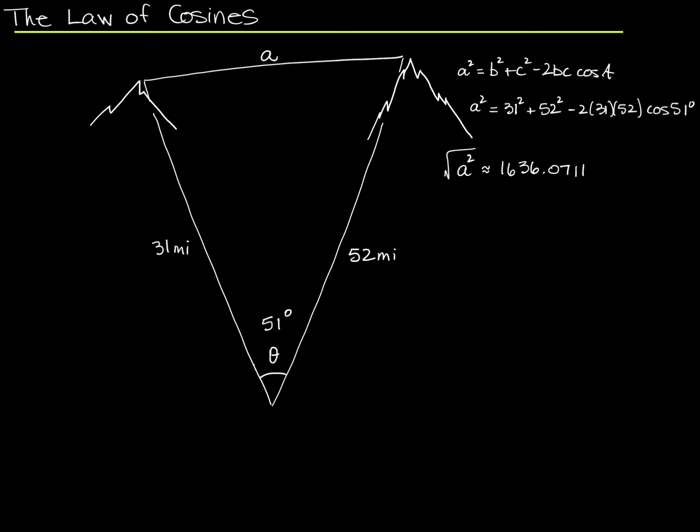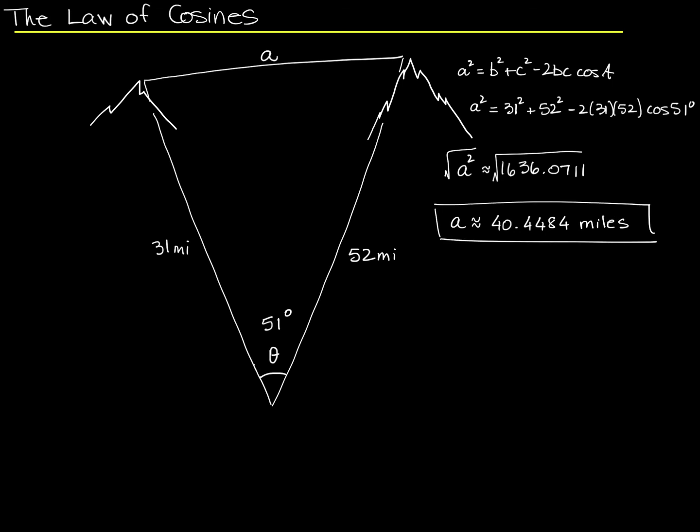If I take the square root of both sides, I get A is approximately equal to 40.4484. That's a lot of fours. So this is my answer. It's the distance between these two mountaintops. All of my linear distances are measured in miles, so my unit here is also miles. And that's my answer.